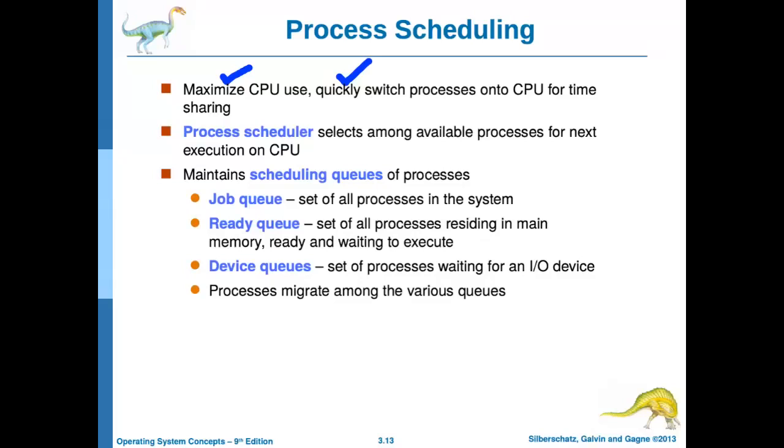Imagine whatever memory is there is full, and now I want to create one more process, and memory is actually full. Is it supported? Yes, that is supported by modern operating systems. Now, how is it supported? Whatever the suspended or waiting processes are there, these processes will be swapped out.